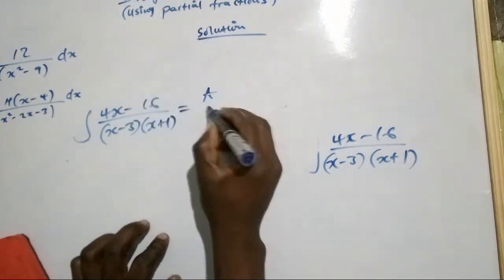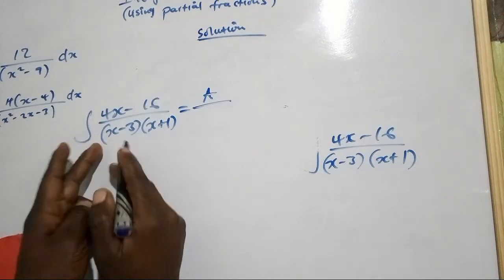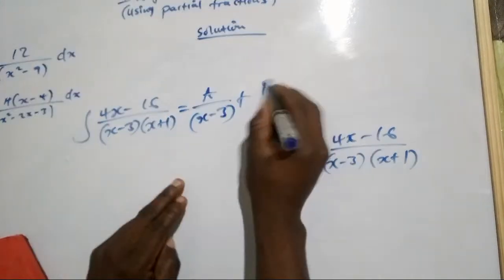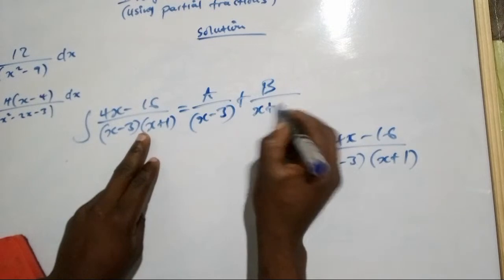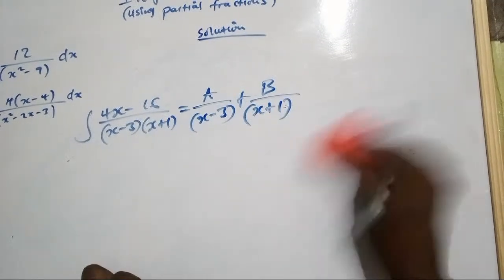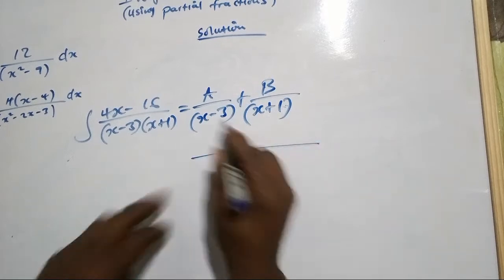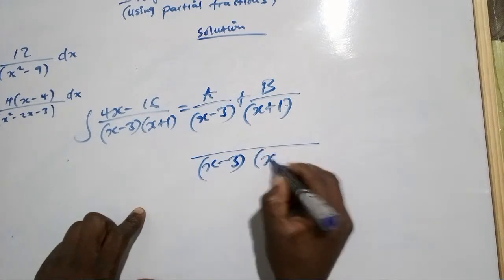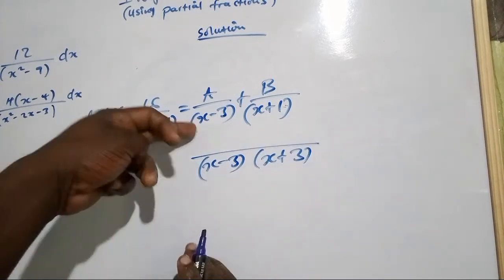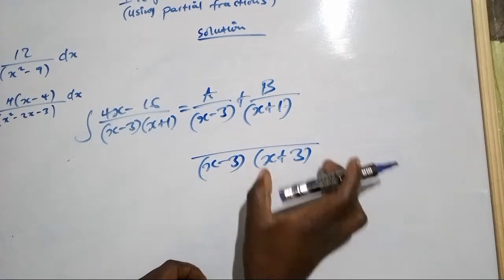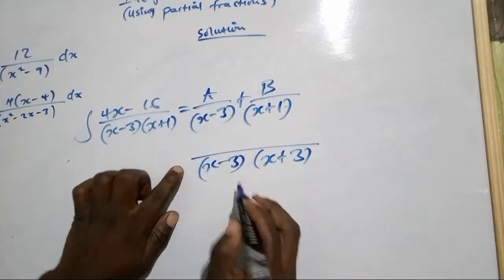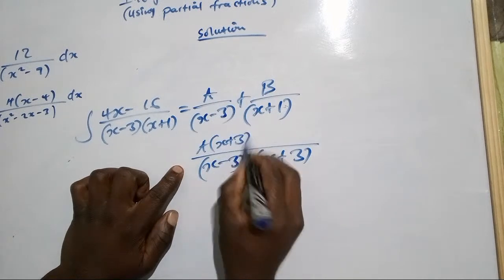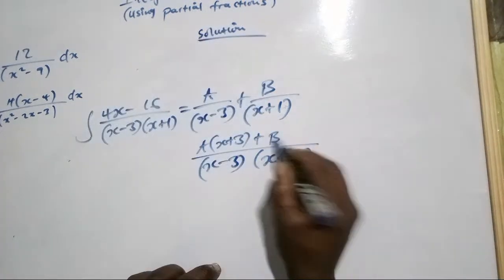So we're going to say A over the first term, which is x minus 3, plus the second term, which is B over x plus 1. Then here you're going to find the common denominator, which is x minus 3, x plus 1. Then x minus 3 times x minus 3, we remain with this term, and x plus 1 multiplied by A, we have A open bracket x plus 1, then plus this B.